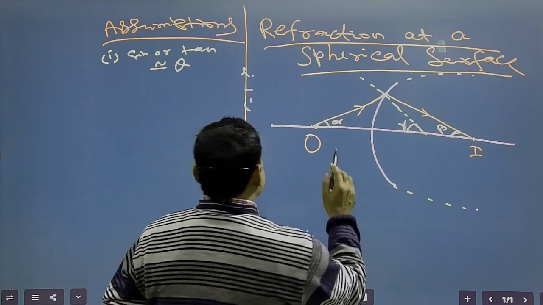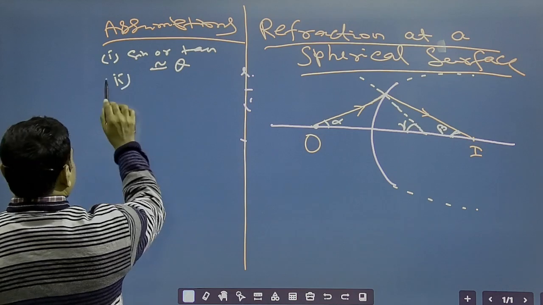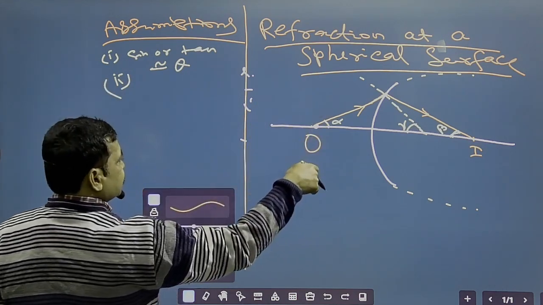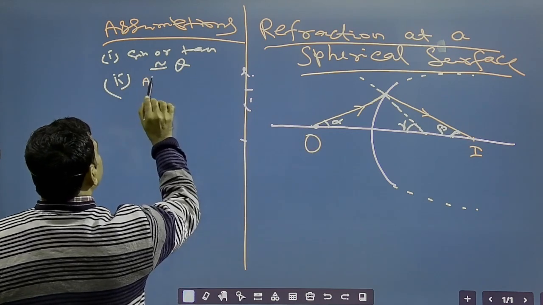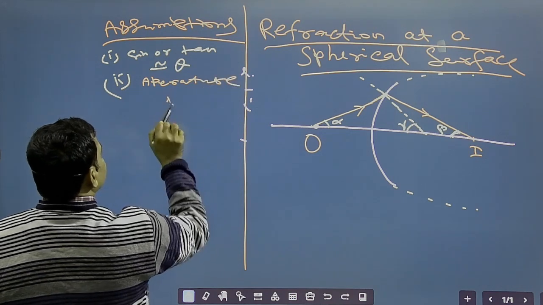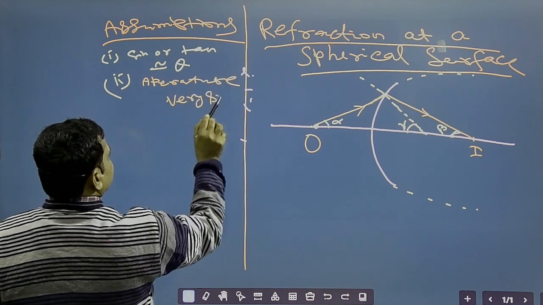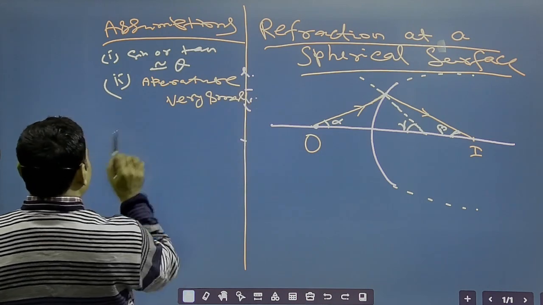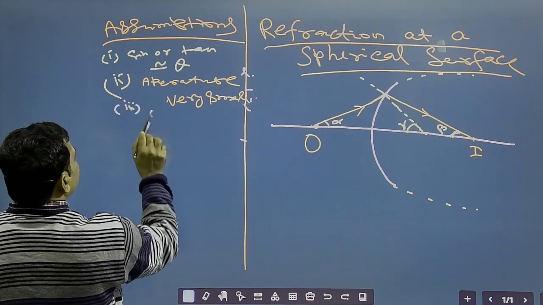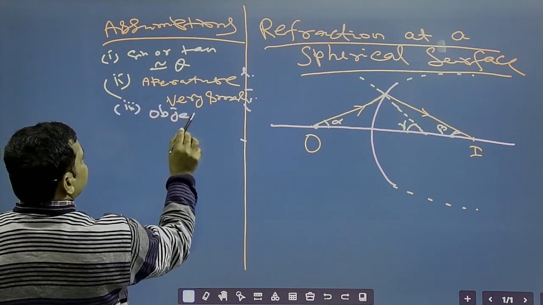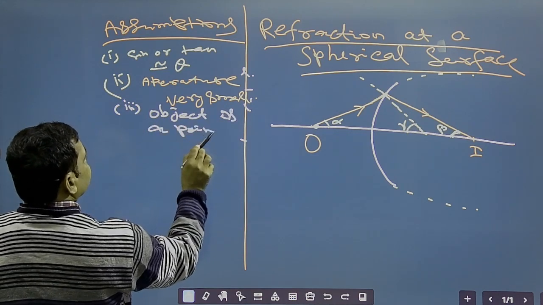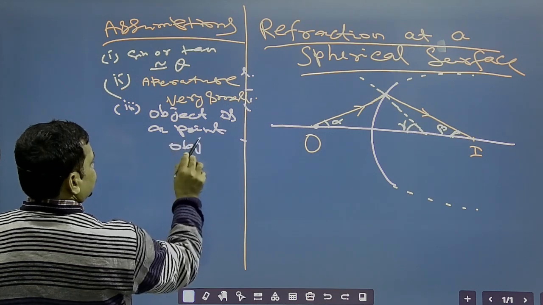And the second assumption is that we consider the aperture size to be very small, right? And the third assumption is that the object is a point object, right?